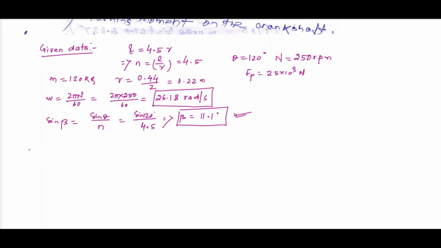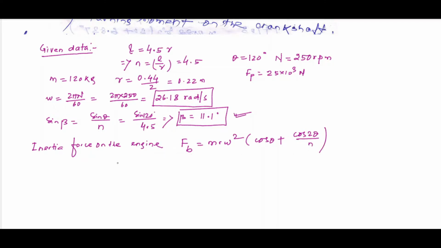Now we will find out inertia force on the engine. It is denoted by FB, which is m r omega square into cos theta plus cos 2 theta by n.